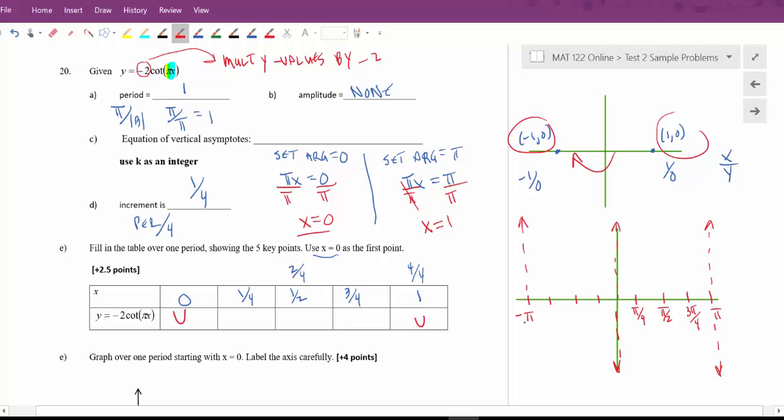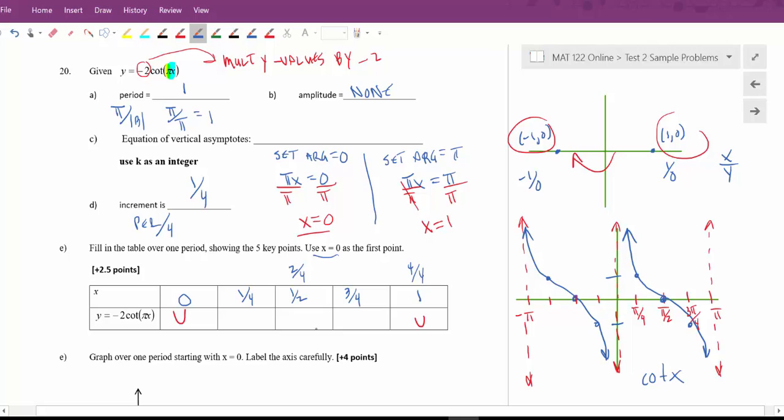Okay, then the cotangent graph went like this. Halfway between the asymptotes, the y value is 0. And this is 1 there, -1 there, and the graph goes like that. Same thing here, halfway between the asymptotes. It's real easy to remember how those points go. That's what a basic cotangent of x graph looks like.